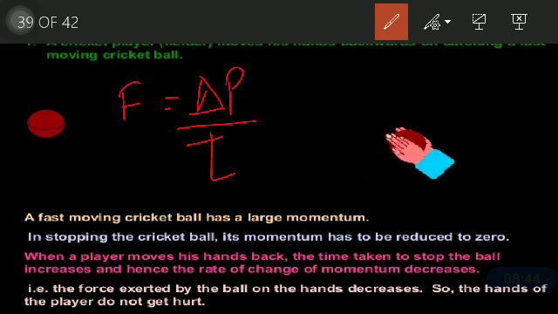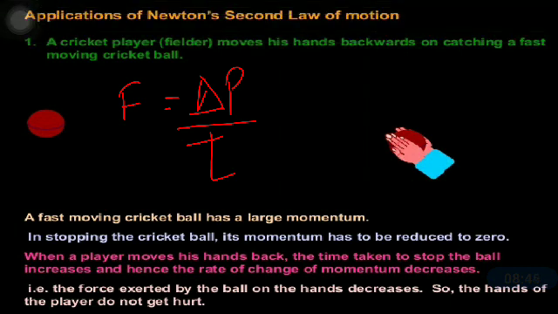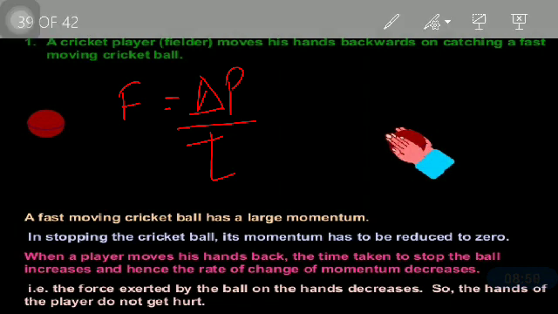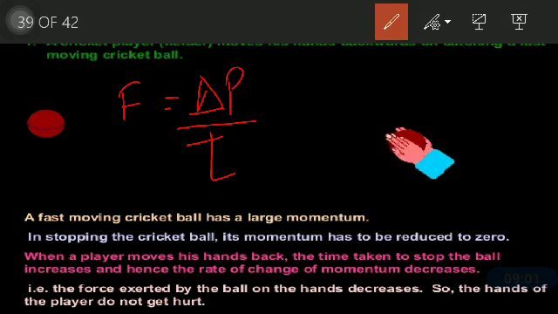Now to remove your confusion, we know that force is equal to change in momentum upon time. So in this example, when a player moves his hands back, the time to stop the ball is increasing. So when time is increasing, the force will decrease, the impact will decrease, right?